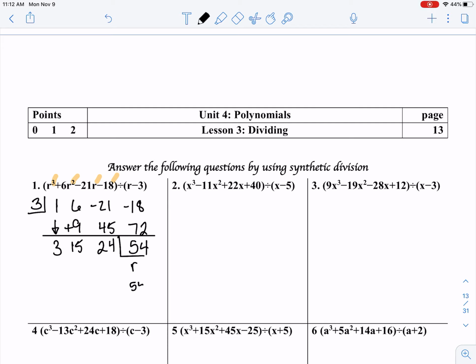So 54 divided by x minus 3 plus, then here's my constant. 15 is positive, or 24 is positive, it'd be 15x. X squared. And that's my answer. Okay.